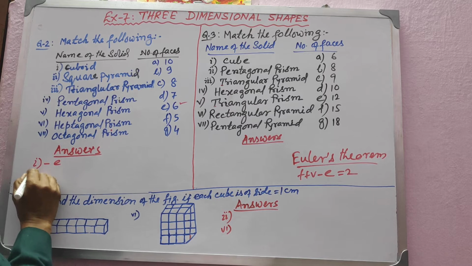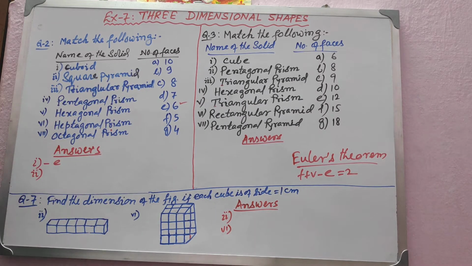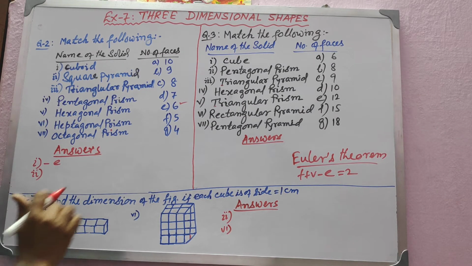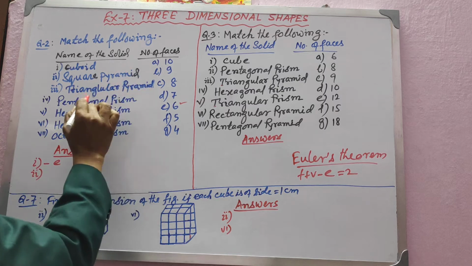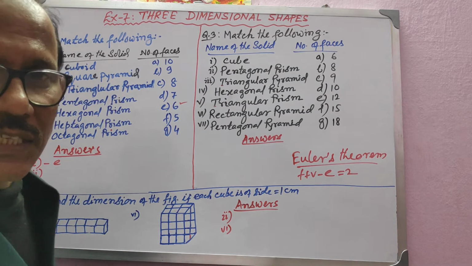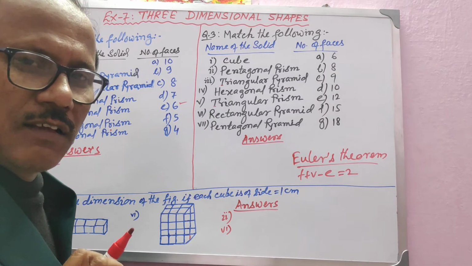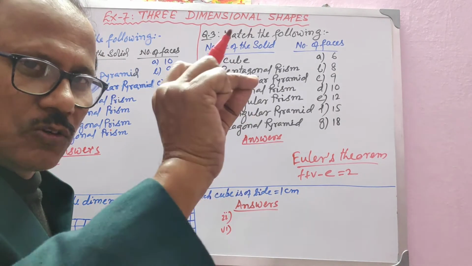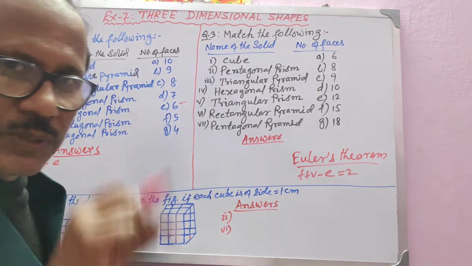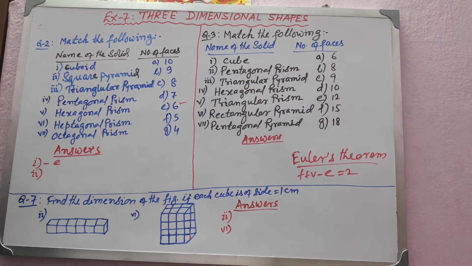Now the second one. A square pyramid will definitely have 5 faces. The base is a square, with 4 vertices, and they are joined to one common vertex, so it will have 4 triangular faces.